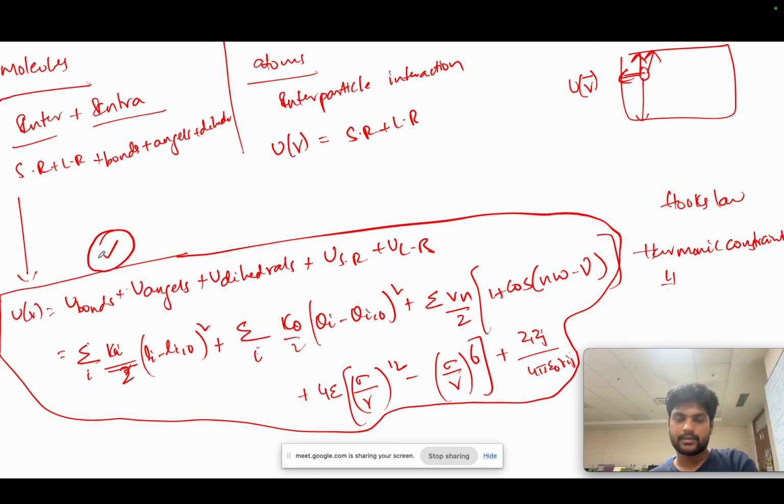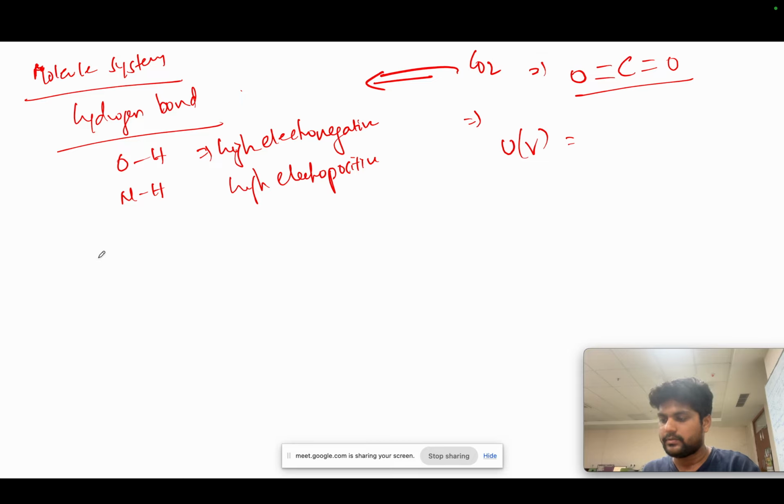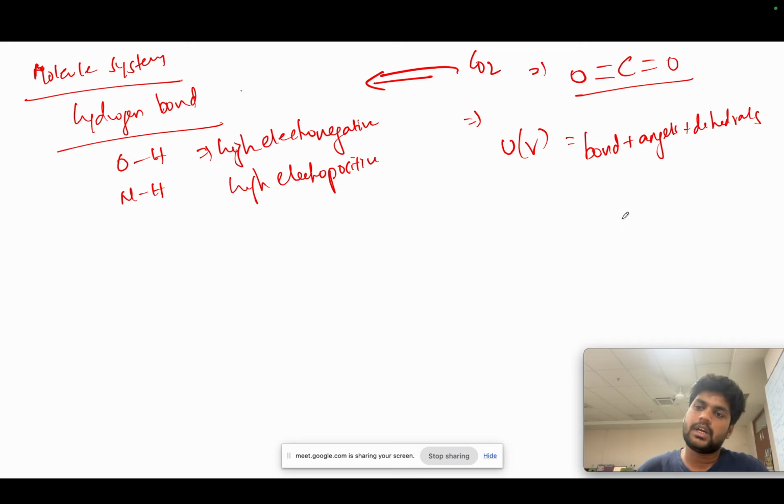You understand the question? So basically, what is the formula for UR? I will write the formula: bonds plus angle plus dihedral plus short range plus long range.